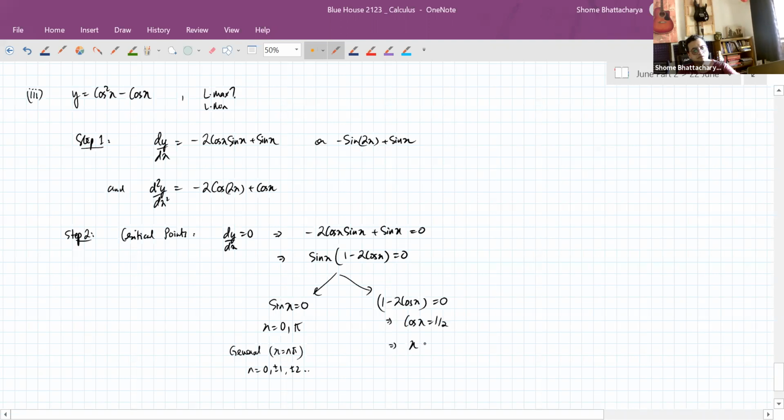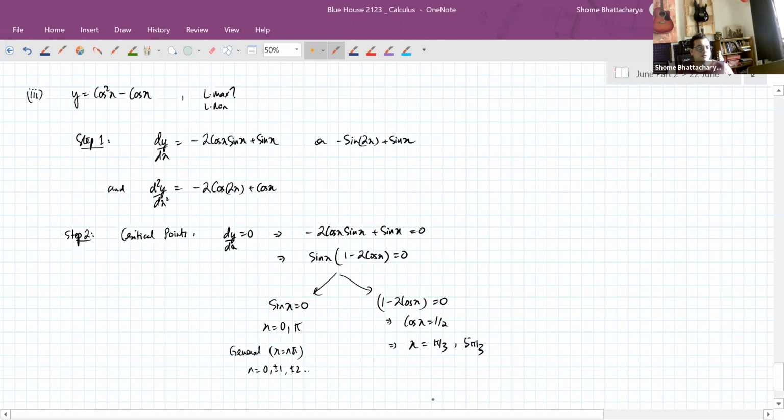So in the fundamental cycle, x is either pi by 3, that is 60 degrees, or 2 pi minus pi by 3. So that's how much? 5 pi by 3.